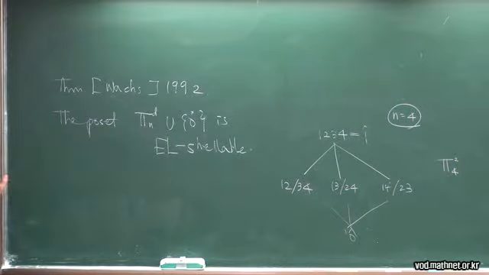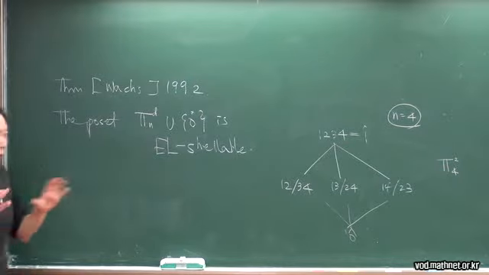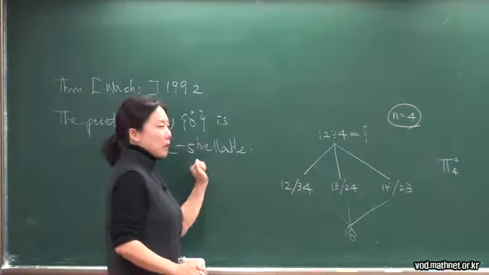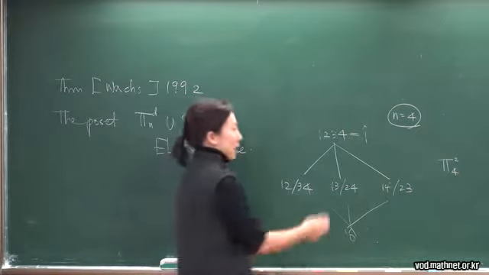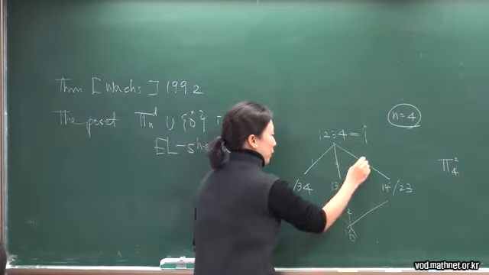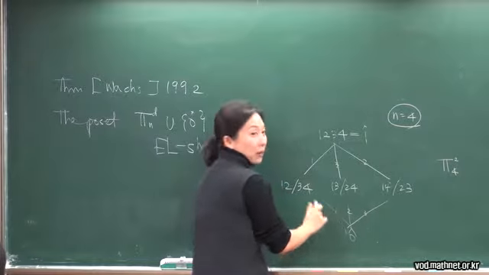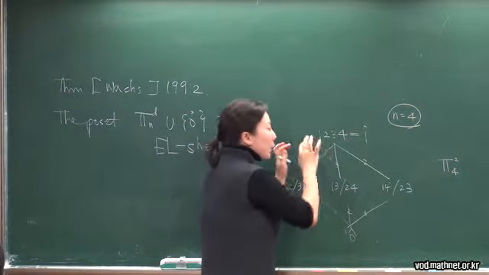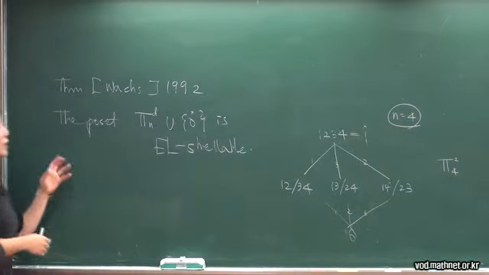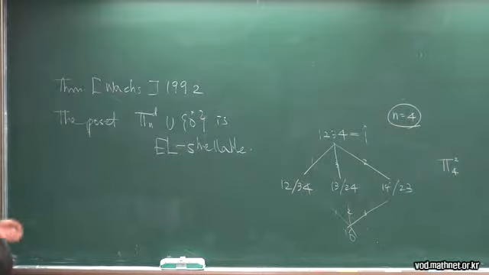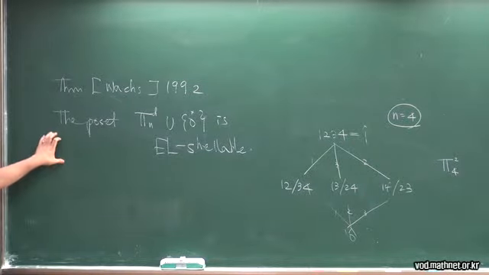Okay, edge lexicographically shellable. I cannot explain all the things about EL shellability, but this means, okay, if you can give really nice labels for your edges, 1, 2, 3, 2... Okay, this is not right now, but I mean, if you can give the good labels for the edges, you may show this is EL shellable, and you can find the homotopy type of the order complex of this poset.